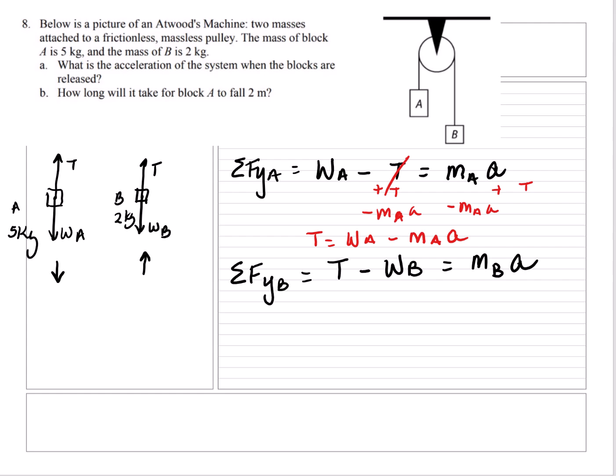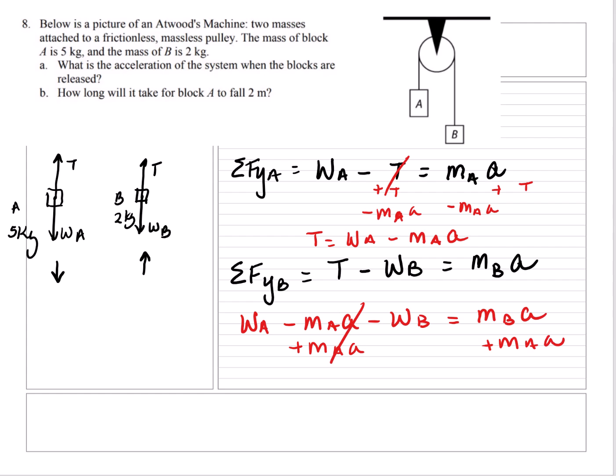So now I'm going to plug this into the bottom equation. So WA minus MAA minus WB equals MBA. I'm going to put all the A's on the same side, so I need to add a MAA to both sides.